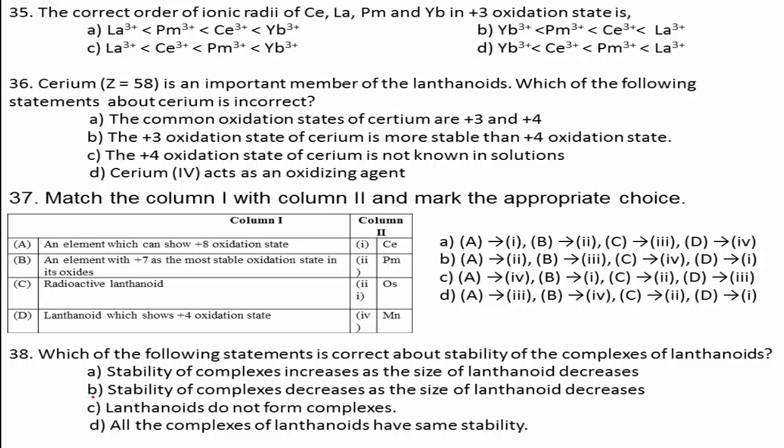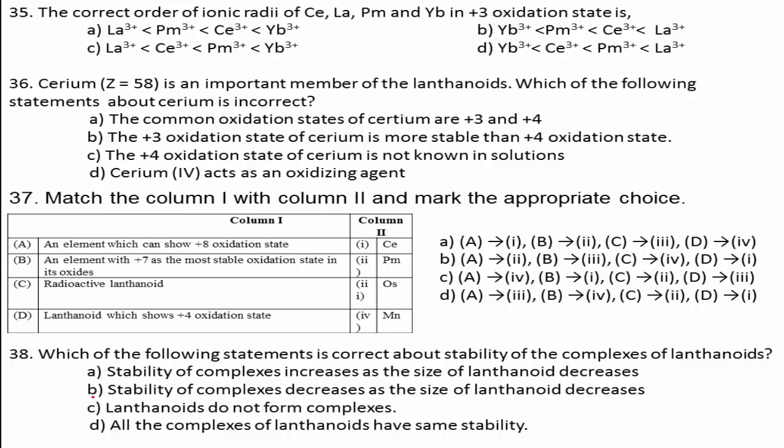Option A, La3+ less than Pm3+ less than Ce3+ less than Yb3+. Option B, Yb3+ less than Pm3+ less than Ce3+ less than La3+. Option C, La3+ less than Ce3+ less than Pm3+ less than Yb3+. Option D, Yb3+ less than Ce3+ less than Pm3+ less than La3+.